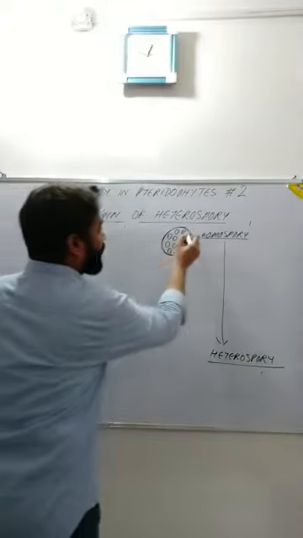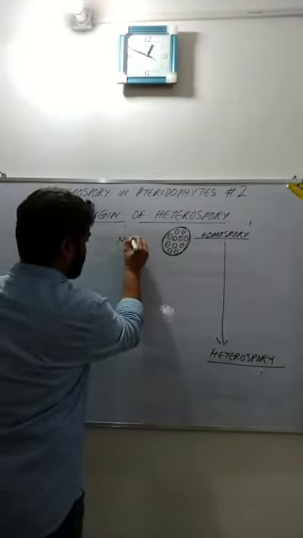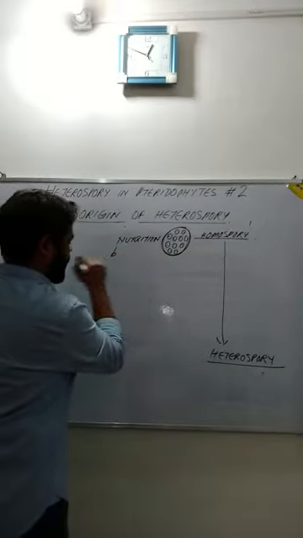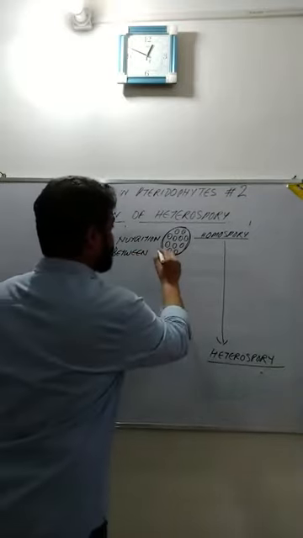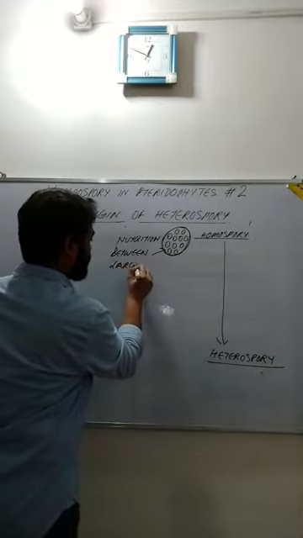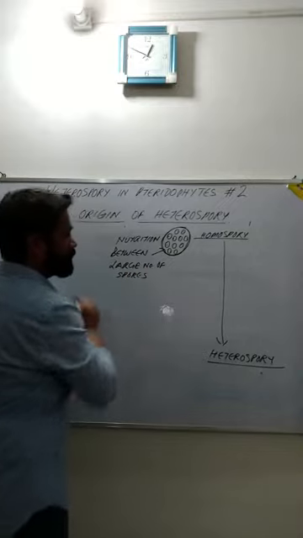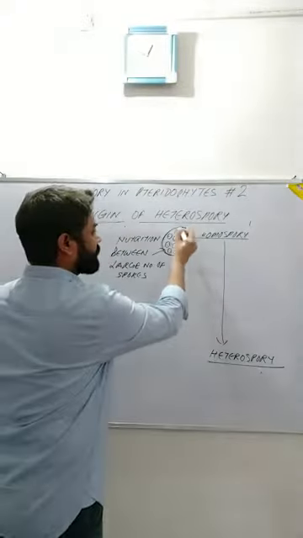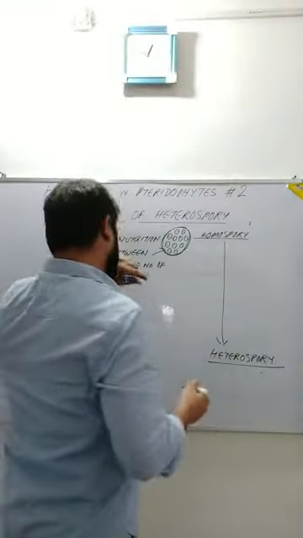Whatever amount of nutrition I have is divided between a large number of spores, and that's why they did not grow much in size. So all the spores were similar in size.